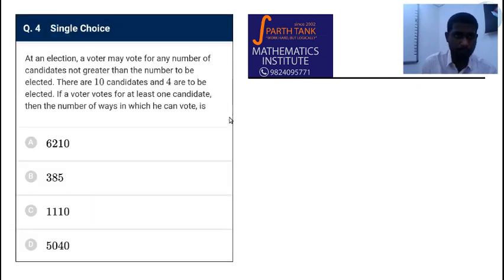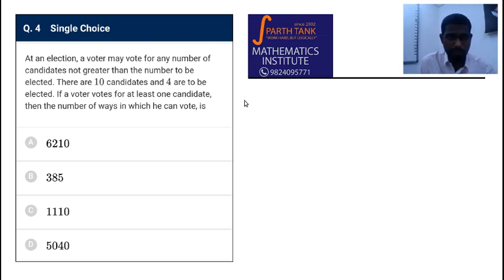Question number 4. At an election, a voter may vote for any number of candidates not greater than the number to be elected. Okay, the number of candidates is 10 and 4 are to be elected. If a voter votes for at least one candidate, then the number of ways in which he can vote.